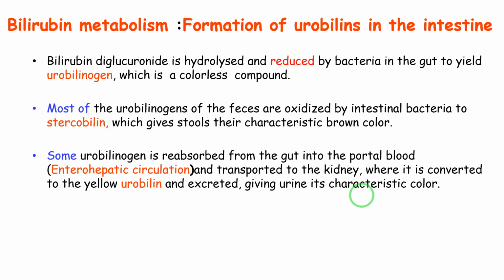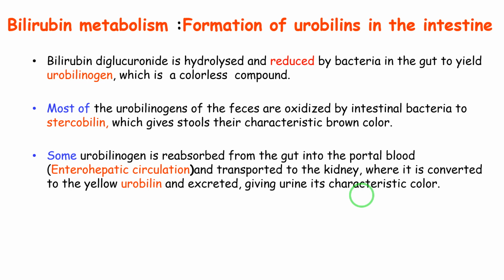About 80% of the bilirubin is eliminated from the body in the feces, and most of the remaining 20% is reabsorbed from the gut into the portal circulation and recycled by the enterohepatic circulation. A very small percentage is filtered by the kidney and excreted in the urine.